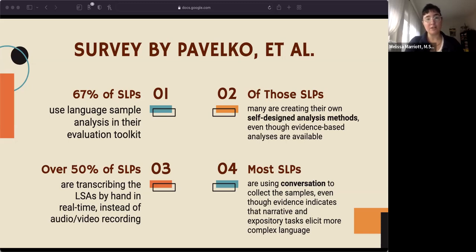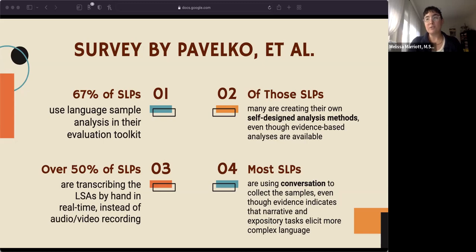It's next to impossible to carry on two language tasks simultaneously: listening to the student and potentially trying to have a conversation with them if you are the conversation partner for that language sample, and also transcribing that language sample while you're doing that.